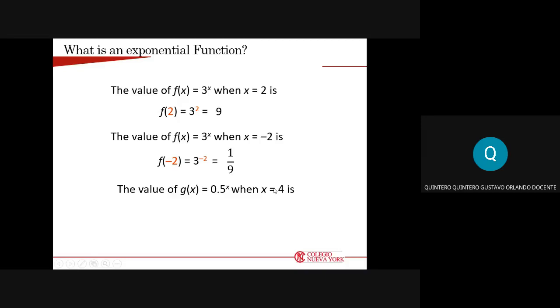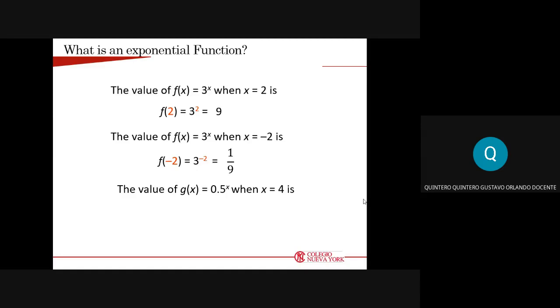Let's jump into this. Guys, go ahead and tell me, what is the answer here? How much is g of x when x equals 4? Using your calculator, please tell me, how much is that? Juan Camilo is not multiplying.